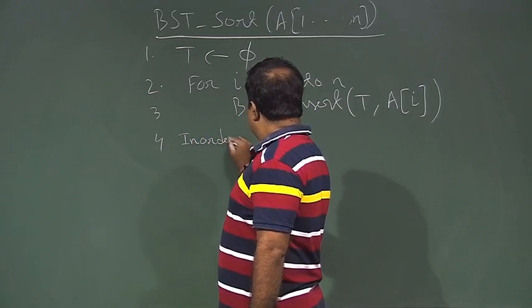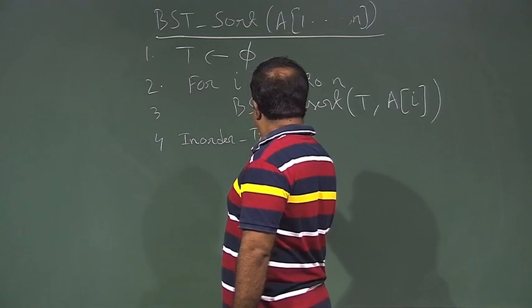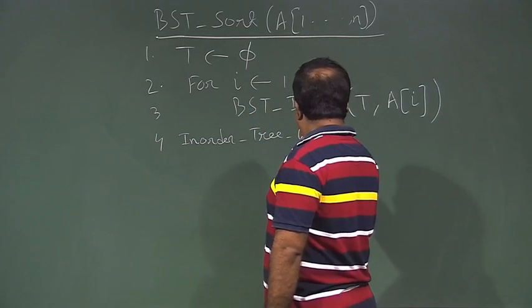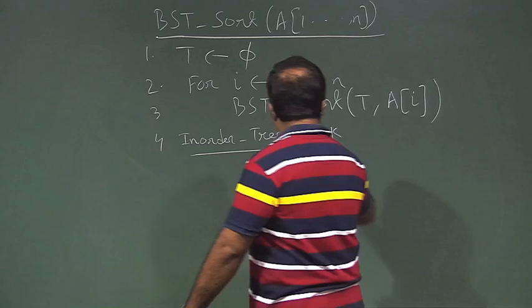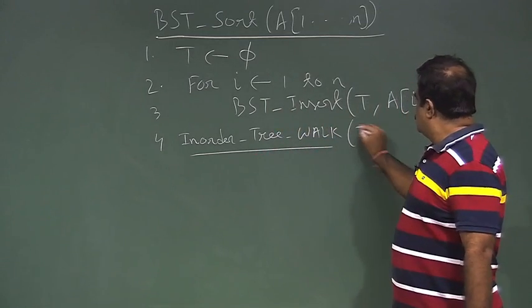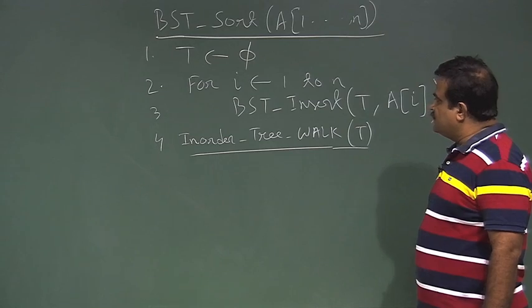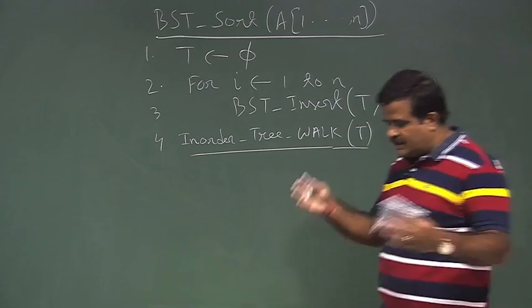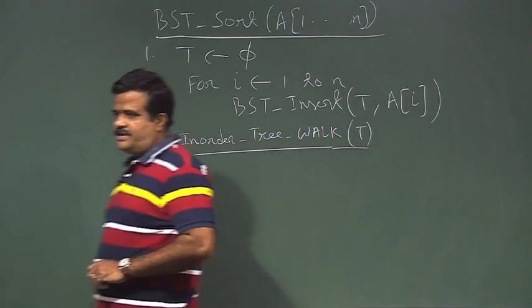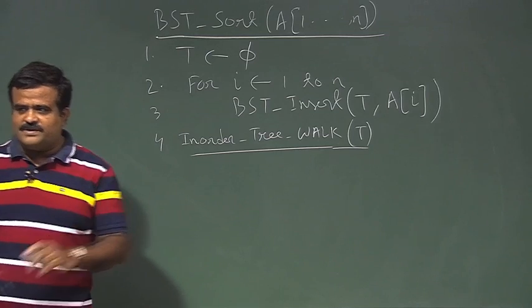So this is basically the BST insert, and then we do the Inorder tree walk of this tree. Inorder tree walk is basically a way to print a tree, a tree traversal.